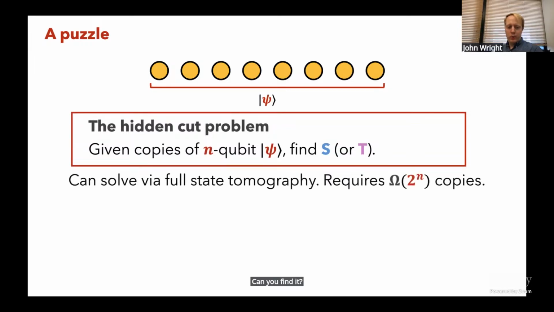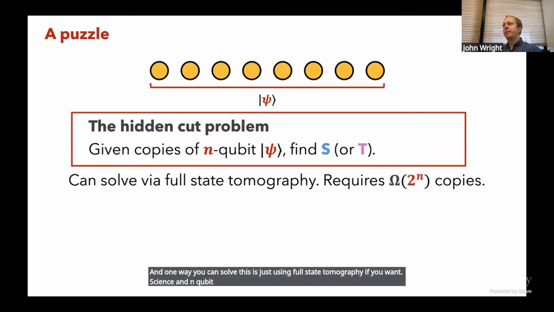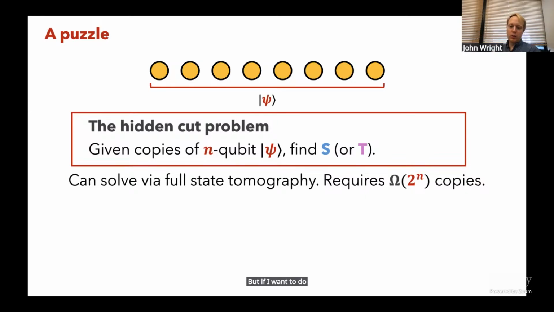And one way you can solve this is just using full state tomography if you want. Psi is an n-qubit state, and so it's a 2 to the n dimensional state. But if I want to do full state tomography on psi to learn it, it's going to require exponentially many copies.